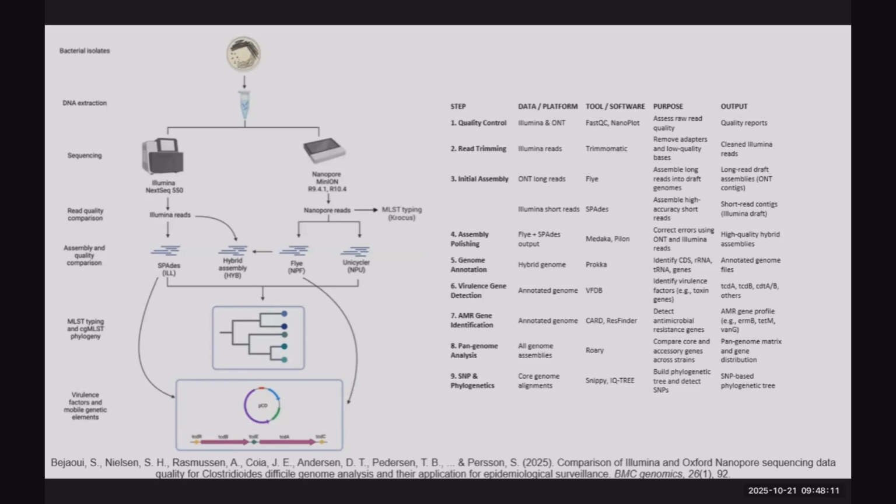After assembly, the genomes are compared for quality, MLST typing and core genome phylogeny. At the bottom, you can see the analysis of virulence genes and mobile genetic elements, which helps determine not only taxonomy but also pathogenic potential of newly identified strains.